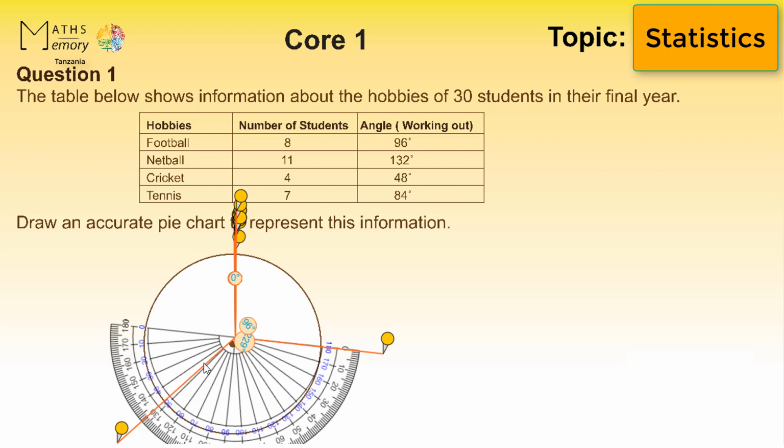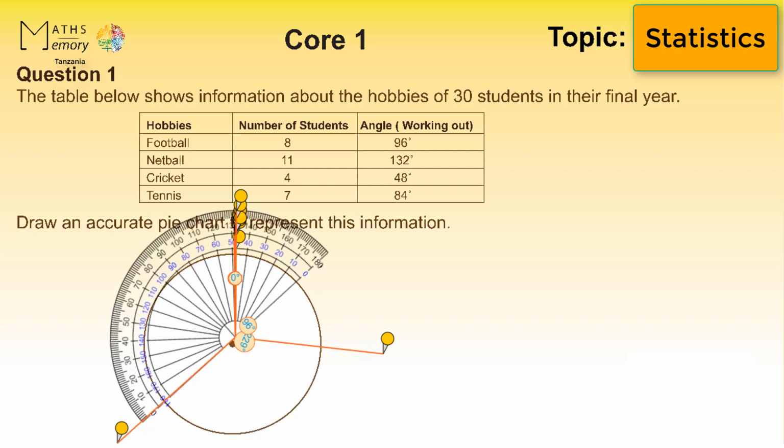Same thing, we're going to start where we ended up. This line will be the starting point now of cricket, 48 degrees. So we're going to end up with 48 approximately over here. This is going to be called cricket.